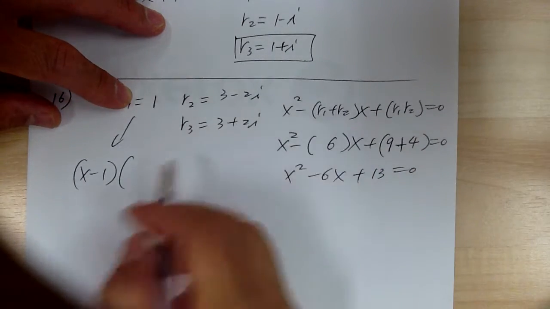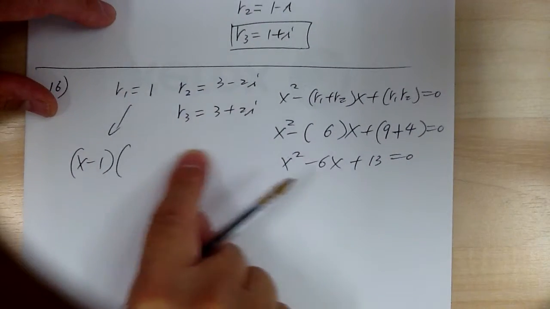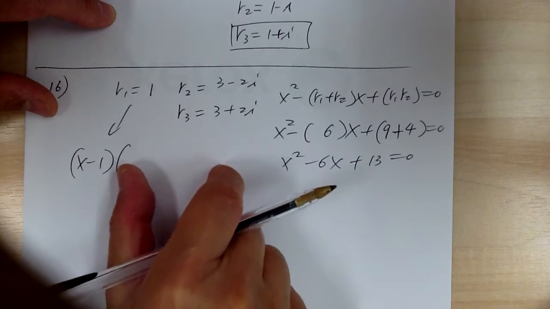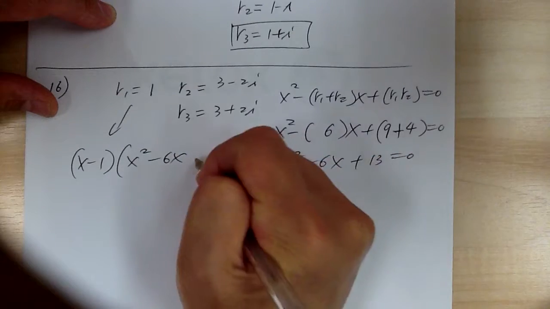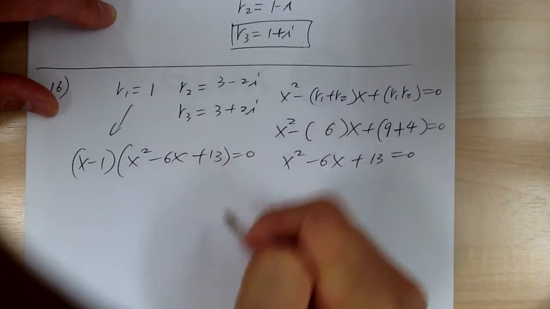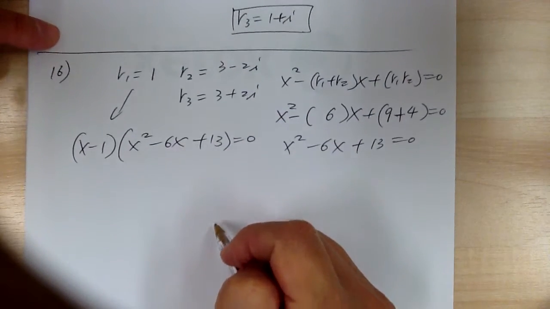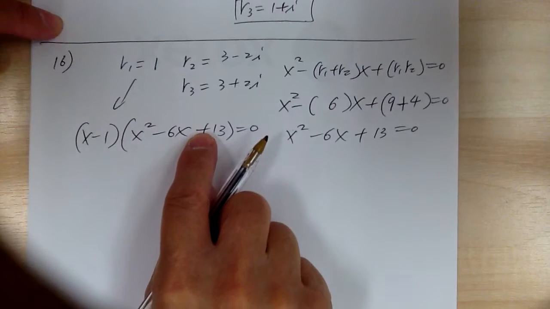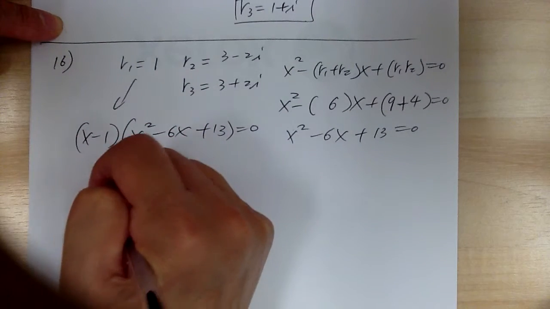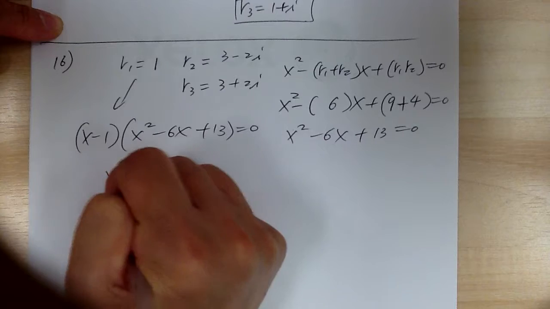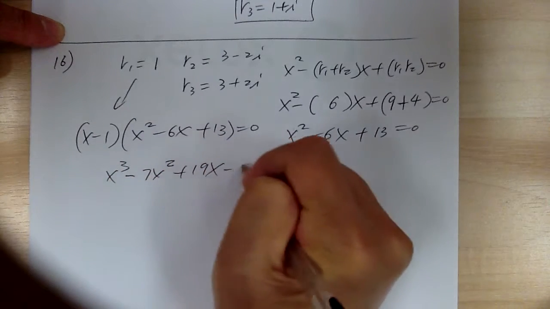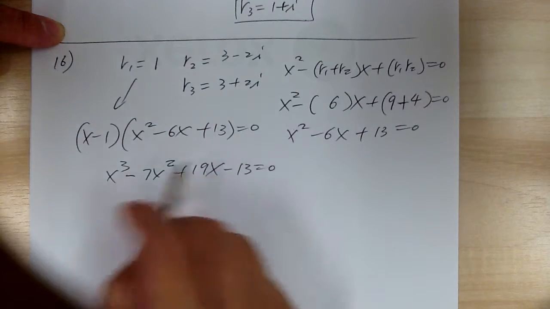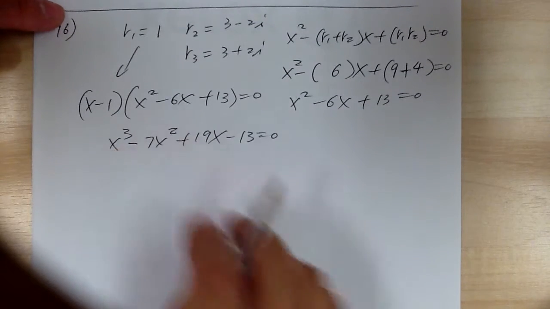So instead of doing the trinomial, I can just put this in here, and then distribute and multiply out. Again, we're not going to spend time doing that. You're going to end up with x cubed minus 7x squared plus 19x minus 13 equal to 0, and that's your cubic equation.